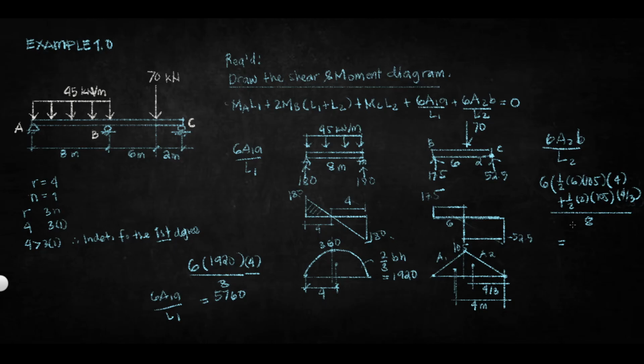Okay, and then, lahat po lang ito, ay divide natin ng 8. That is 1,050 rather. So, this is your 6A2B all over L.